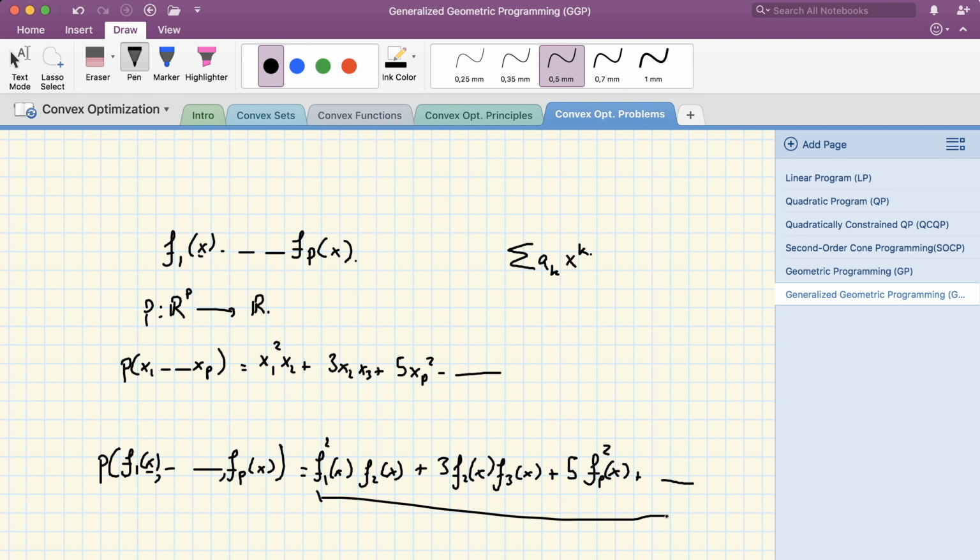Then this guy is a polynomial because all we did was a series of products, sums, so products, f_1 with itself, so f_1 squared, then f_2, and here we've got f_2, f_3, and so on.